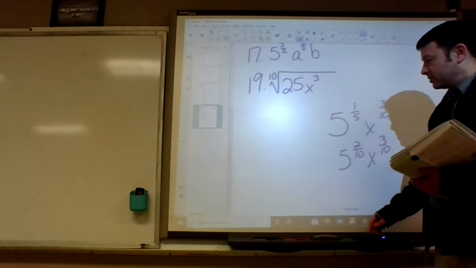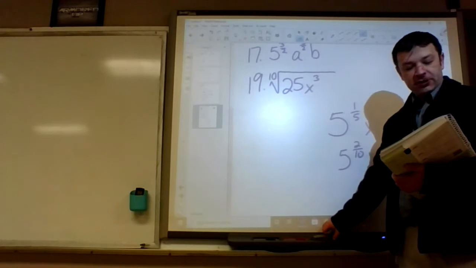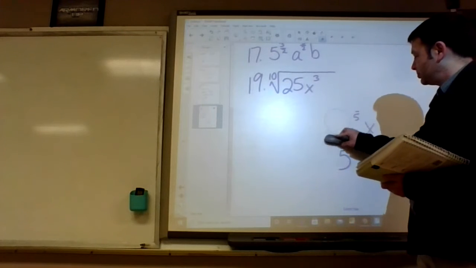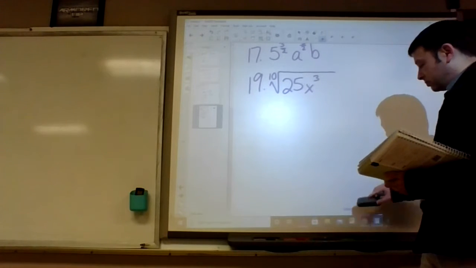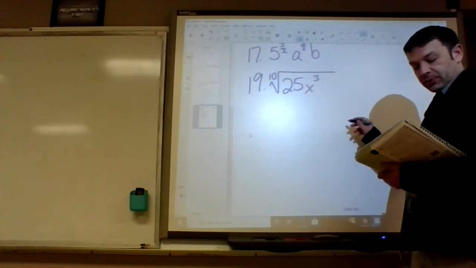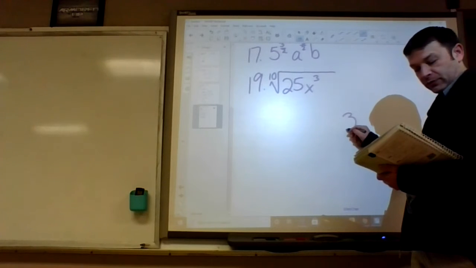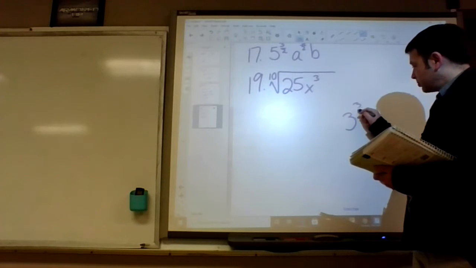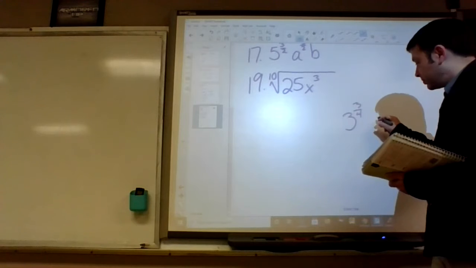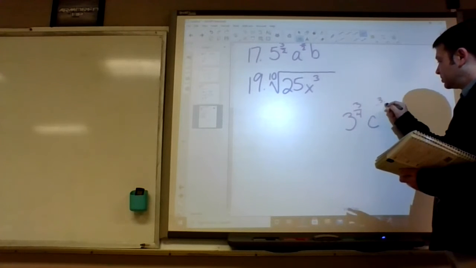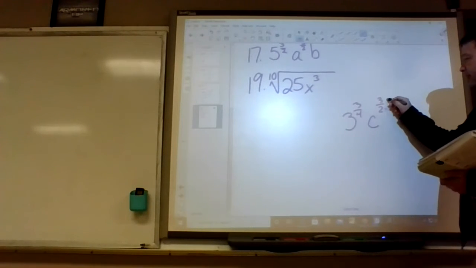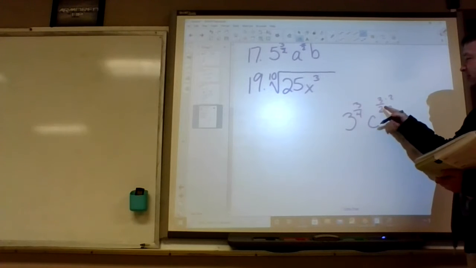Okay, on 21, the denominators are 4 and 2. What do 4 and 2 both go into? 4. So what do I need to do to the 3 halves? Multiply by 2. If I multiply that one by 2, it turns into 6/4, right?